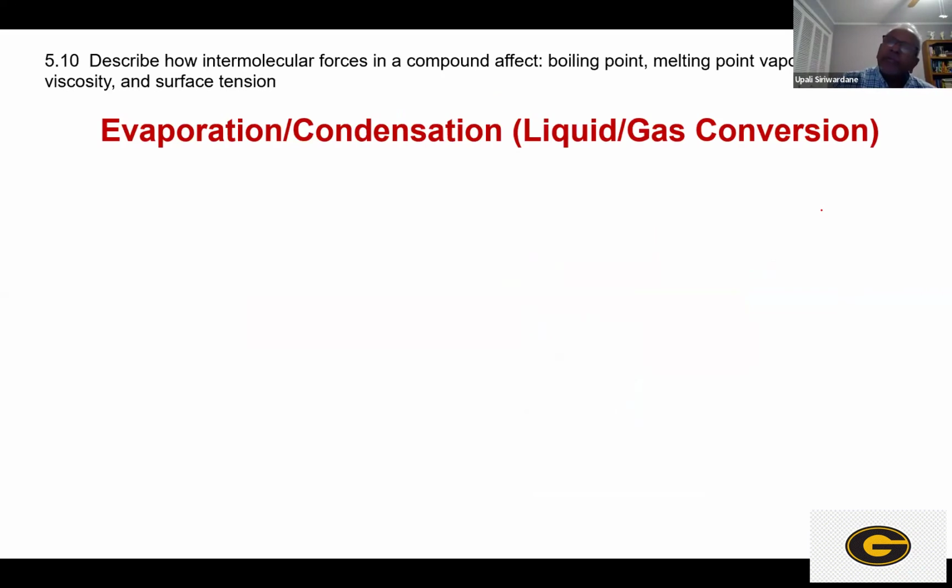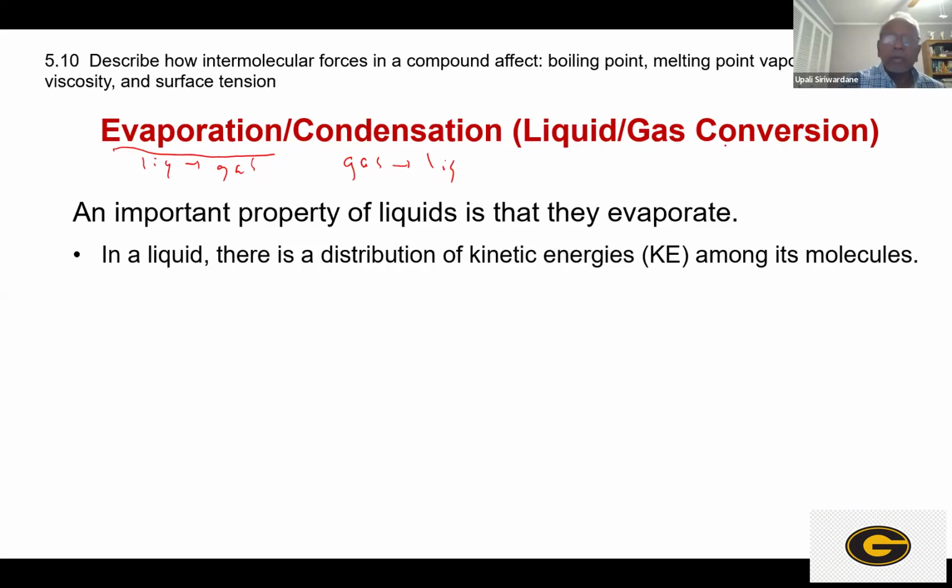Now we look into liquids and what is the evaporation of a liquid. Evaporation is liquid going to a gas. Condensation is the opposite. Liquids evaporate: if the temperature is higher, evaporation becomes higher.